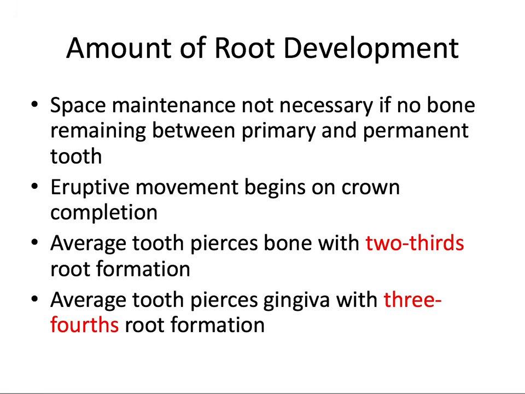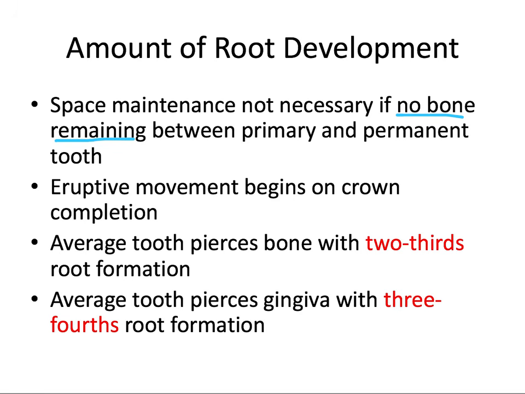The amount of root development is also an important consideration. So space maintenance is not necessary if there's no bone remaining between the primary and permanent tooth. So basically, this is saying that if the underlying permanent tooth is just a few months away from eruption itself, there's no bone remaining between that tooth that was lost and the tooth underlying it, well, those teeth next door probably aren't going to tip in and invade that space.